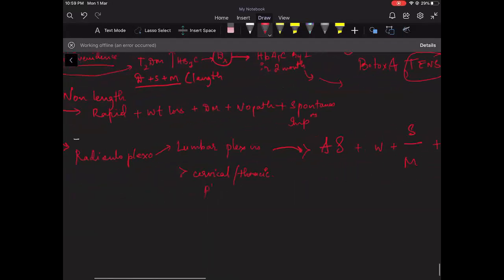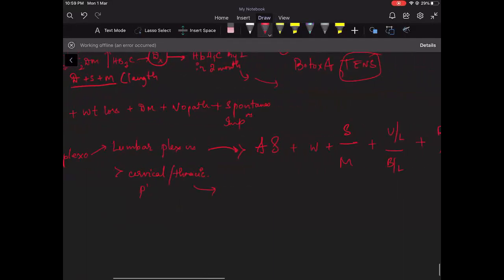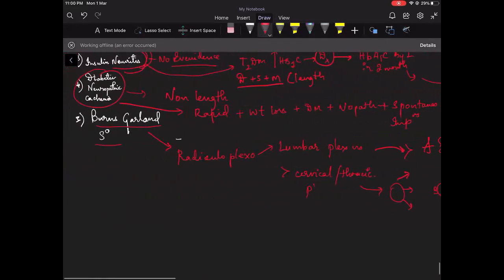This will be the presentation of radiculoplexopathy, and in the cervical region, the patient can have involvement of the upper third, lower third, or even the middle third of the brachial plexus. So the patient can have this plexopathy due to diabetes mellitus, and this is also due to ischemic neuropathy.